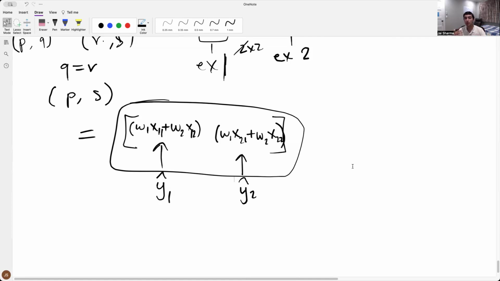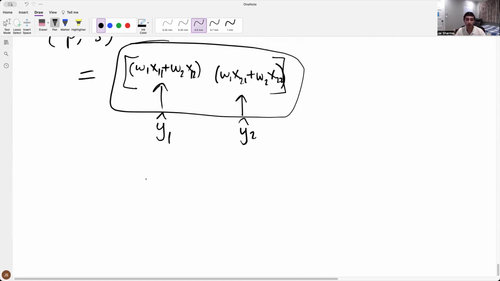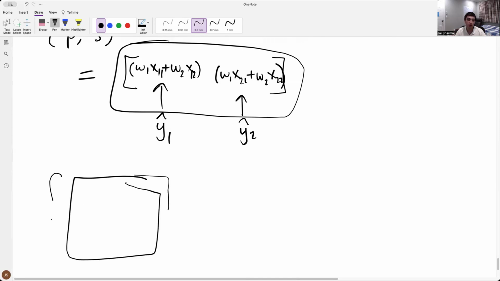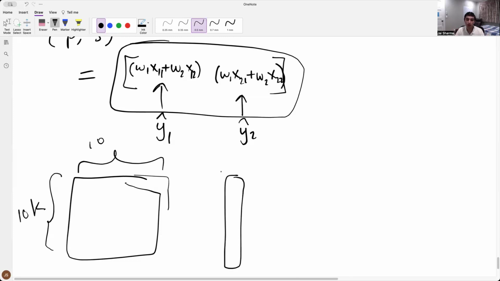You should be thinking about maybe my data set can be represented in a table, which is essentially a matrix, which let's say has 10,000 examples, 10K examples, and 10 input features. So for each of the 10,000 examples, I have 10 input features, and then there's just one value for y, and then there are 10,000 y values, each corresponding to one of the examples in the x.